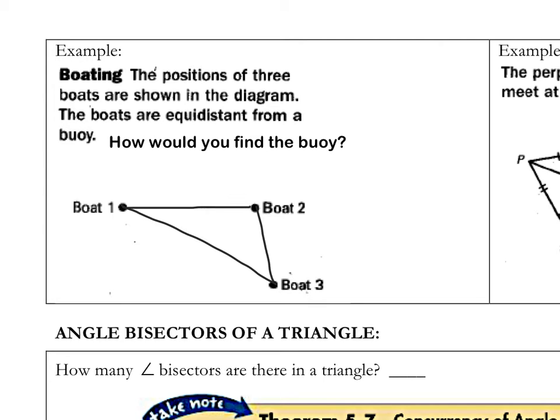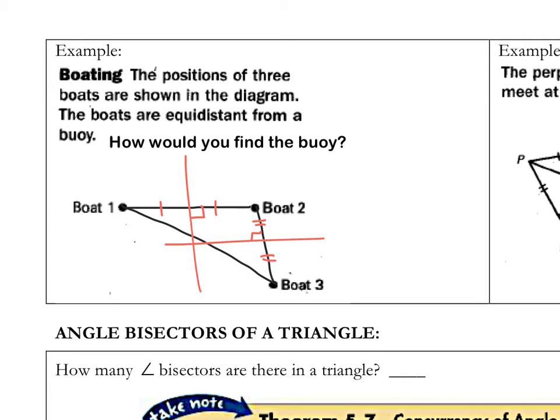So we're just sketching this, eyeballing this. You can tell that this is a slightly obtuse triangle. So based on what we just talked about, you should know that the circumcenter should lie a little bit outside of the triangle. So if I draw a perpendicular bisector there, and a perpendicular bisector here.